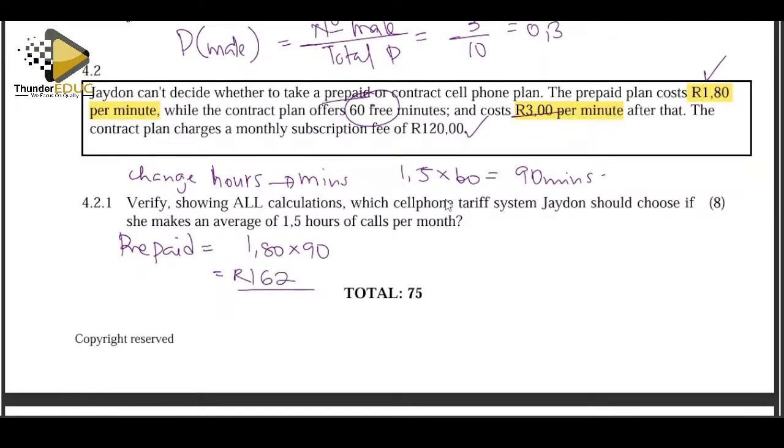Then we have what we call the contract. On contract, what will happen? First and foremost, 90 minutes have already exceeded the 60 free minutes. So we get the 90 and subtract our 60 minutes. We remain with 30 minutes. These are the minutes it's going to pay for, times 3 plus the subscription of 120.